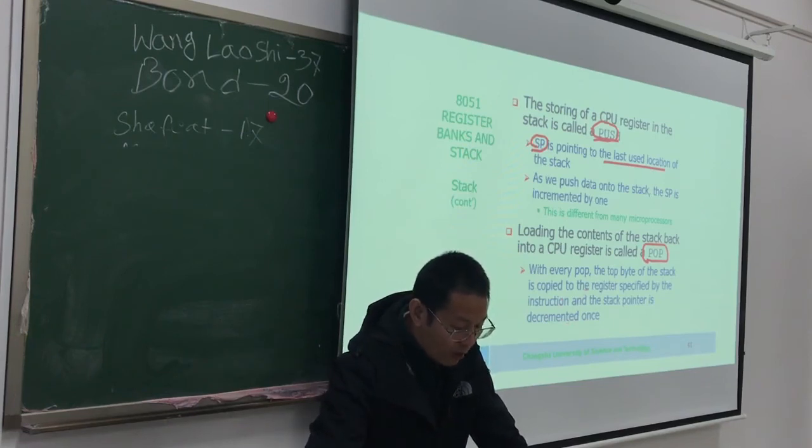With every pop, the top byte of the stack is copied to the register specified by the instruction, and the stack pointer is decremented by 1.